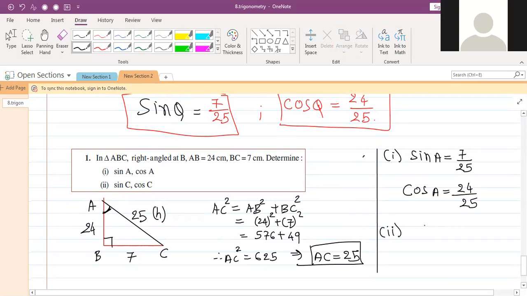Second, we find sine C and cos C. For this angle C, opposite is 24 and hypotenuse is the same, so sine C is 24 upon 25, and cos C is 7 upon 25. Understand?